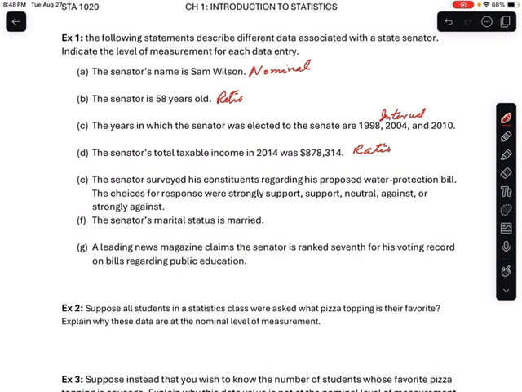So this is ordinal data. F, the senator's marital status is married. What's that? This will be nominal.